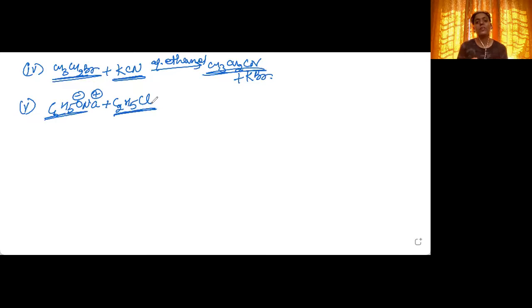So there will be a nucleophilic substitution reaction and it will lead to the formation of C6H5OC2H5 plus NaCl. So ether has been formed. This is Williamson synthesis. If you have not done the chapter on alcohol, phenol and ether, you will not know this, but it is Williamson synthesis.